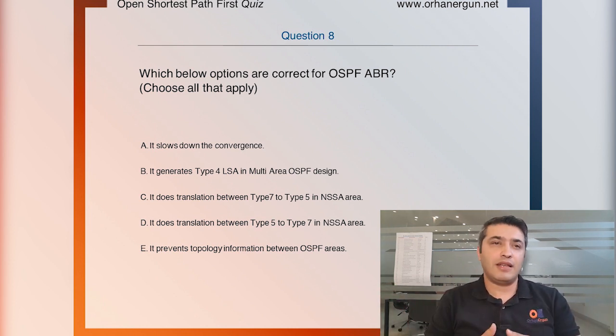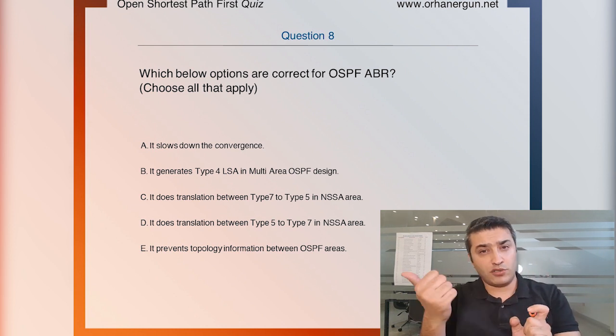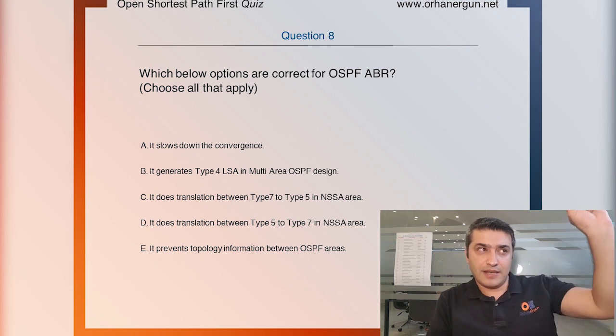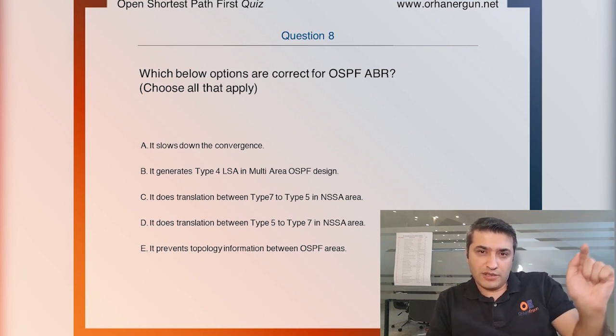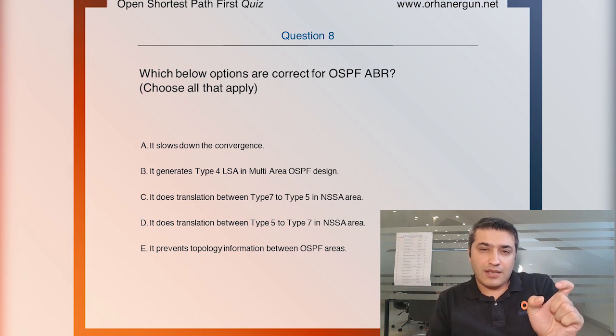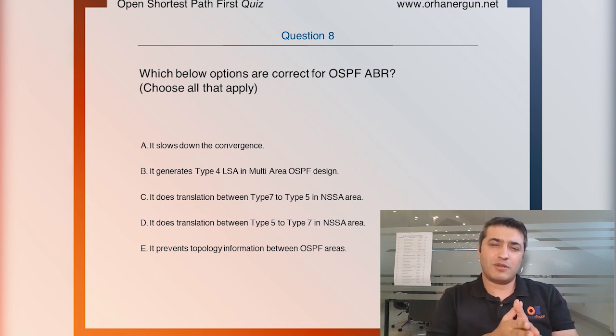Or if you have, let's say, a type 5 LSA sent into area 0, what is the ABR's job for the non-backbone area? The ABR will see this ASBR through the type 1 LSA, convert this type 1 LSA into a type 4 LSA, and send it to the non-backbone area as a type 4 LSA. All this conversion basically takes time. It slows down the convergence, guys. Option A is correct, by the way.